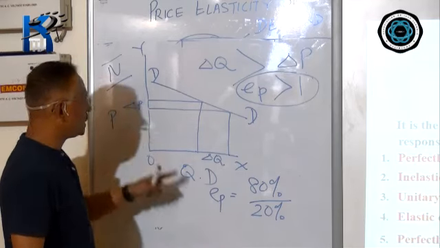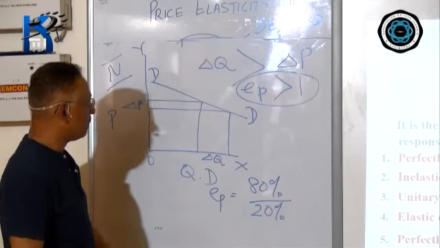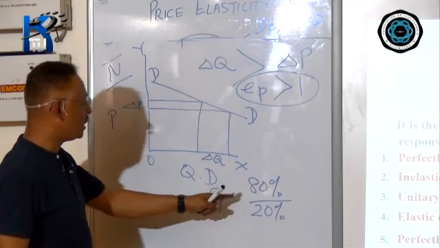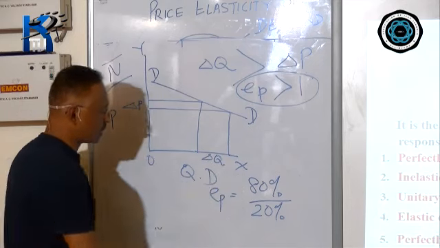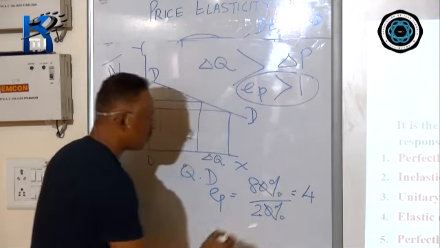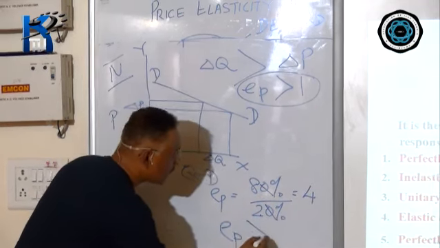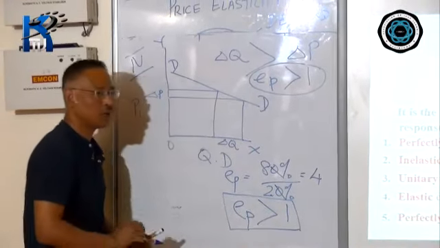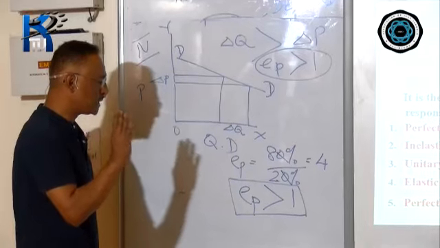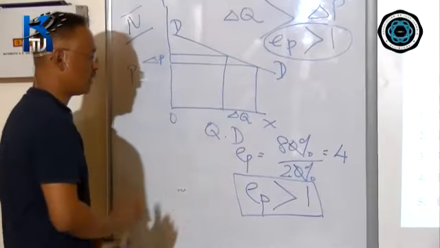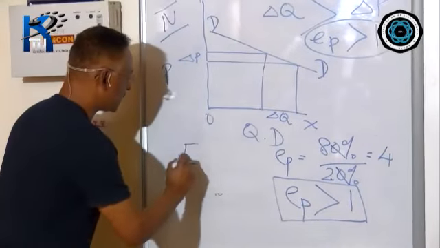When the price of LED TV falls by 20%, the quantity demanded for LED will increase by 80%. 80 upon 20, you will see it is 4. EP is greater than 1. Again, let's go back. EP is equal to 0. EP is less than 1. EP is equal to 1. EP is greater than 1. This is elastic.